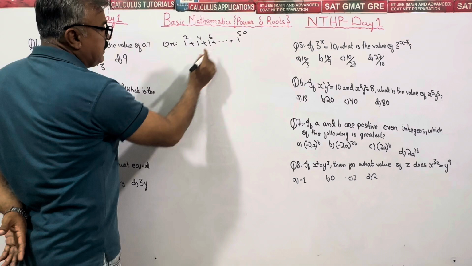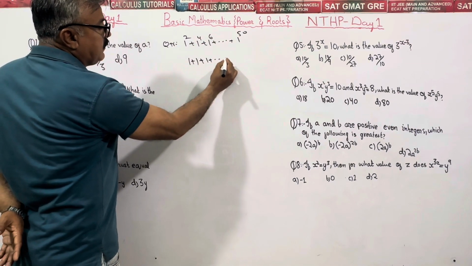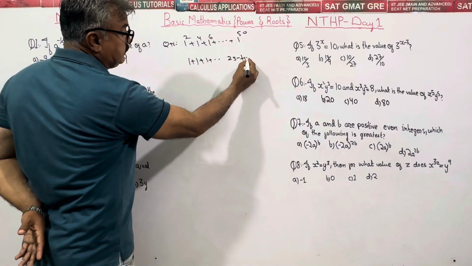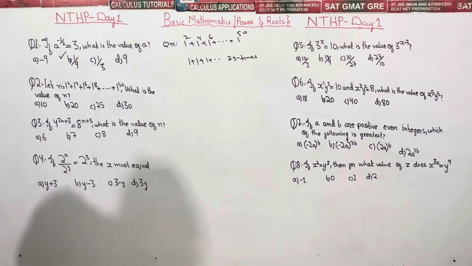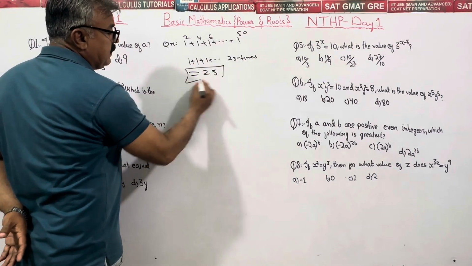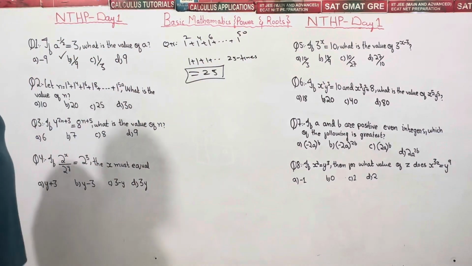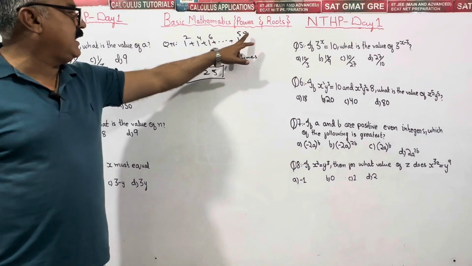So here these terms are 1, 1, 1. We have to add 25 times. If you add 1 plus 1 plus 1 25 times, we are going to have 25. That's the idea behind this, and we have cracked the nut. It's not 50 times.